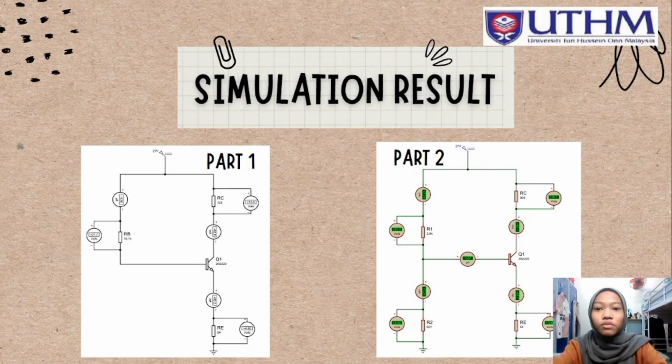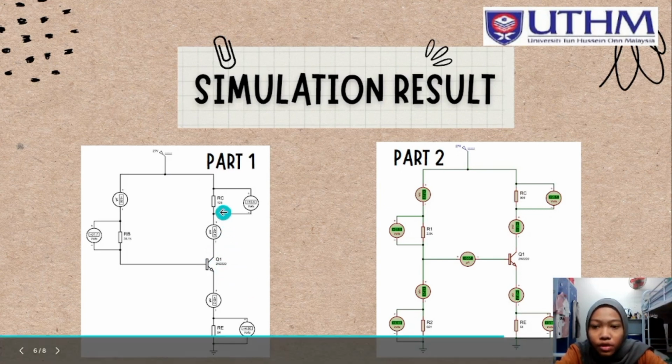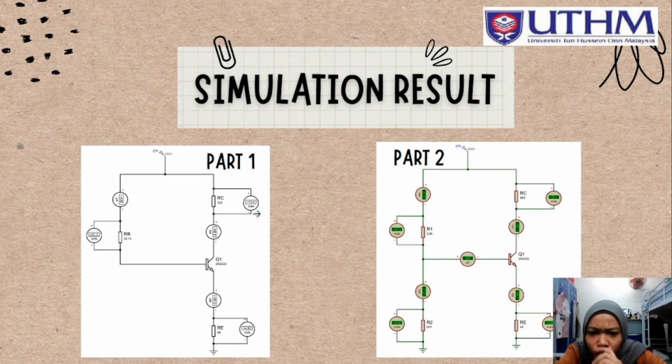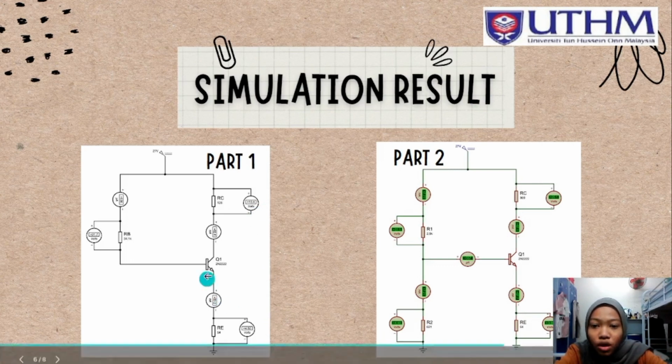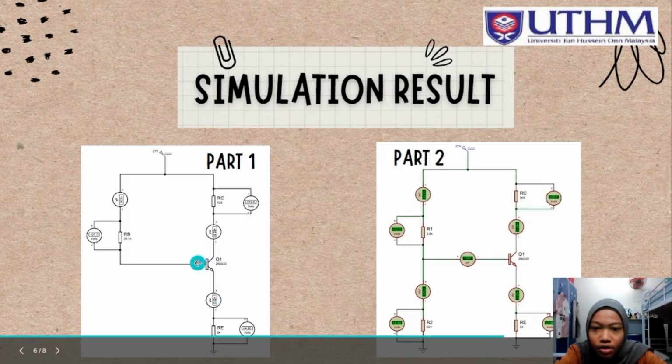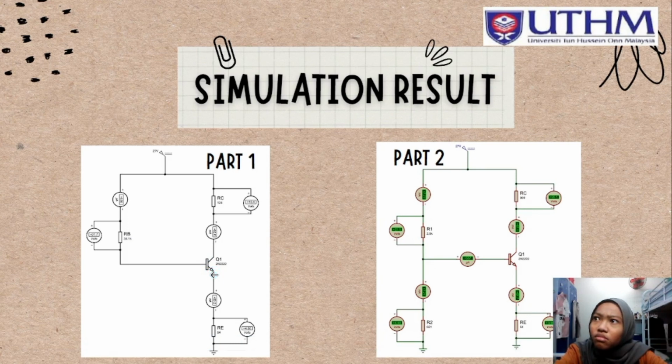For this, I want to present the simulation result. Part 1 is to design a common emitter amplifier with emitter stabilized bias. For this part, we use 27 volt and the 2N2222 transistor.